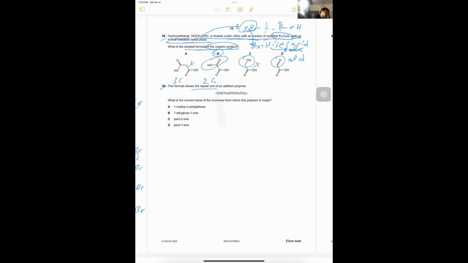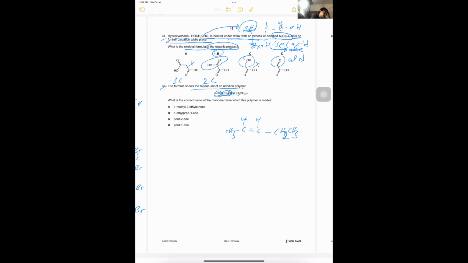39, the formula shows the repeat unit of an alcohol. It should be somewhat like this. If we draw CH3, we have drawn the CH3, and this carbon and this carbon will form the double bond, again an H, and the rest of the thing CH2CH3.